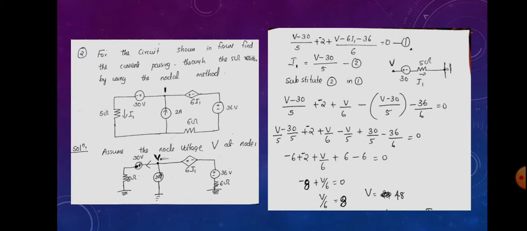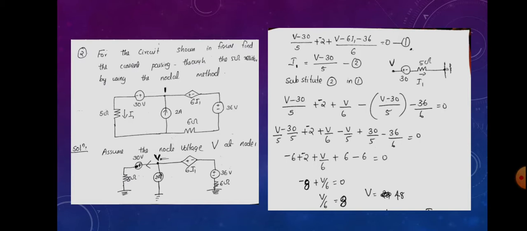So we can draw the nodal diagram, which is shown in the second figure. All the components connected to node 1 are drawn like this. The 30 volt battery and 5 ohm resistor are connected, and the other end of the 5 ohm is connected to ground potential, that is the reference node.